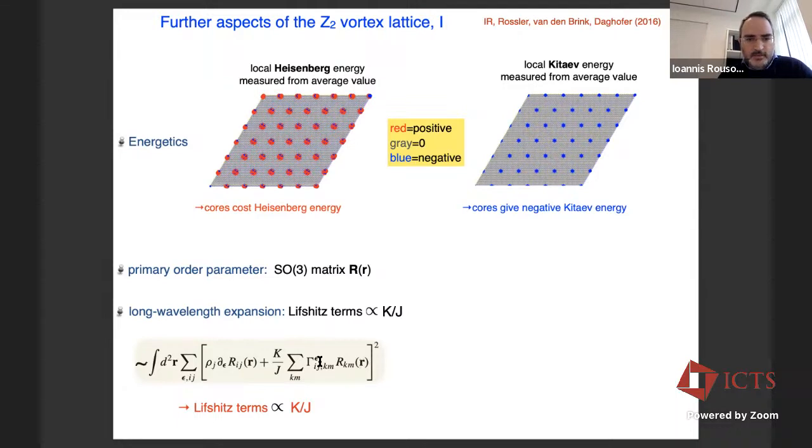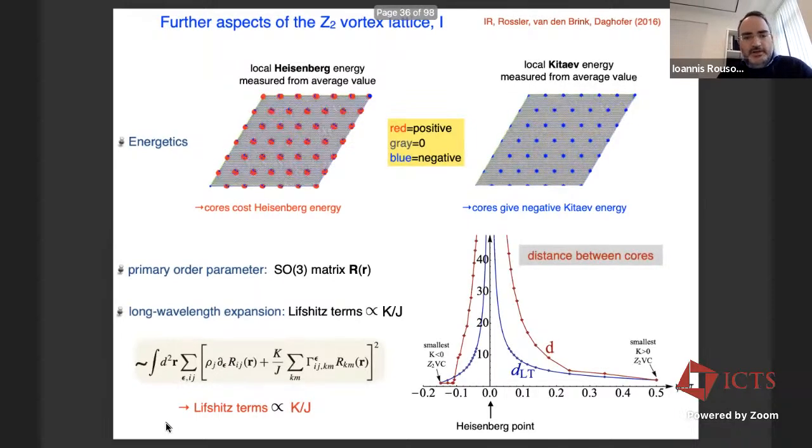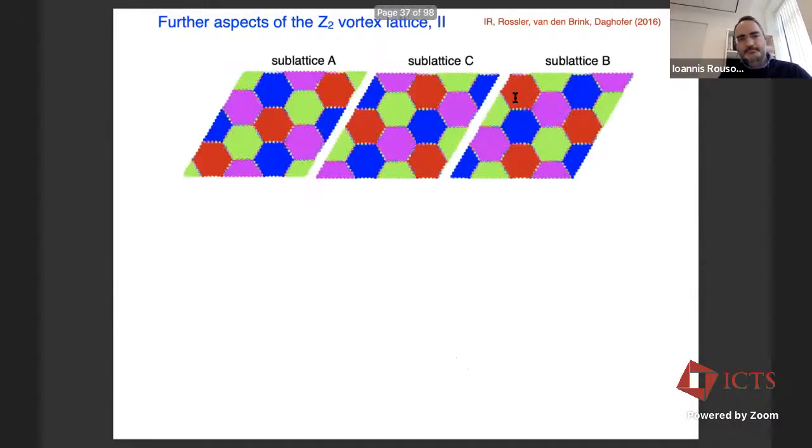If you expand this square, you will get these mixed terms that have one spatial derivative. Okay, so you know that the Lifshitz terms are proportional to the ratio K over J, where J is the Heisenberg coupling, and that tells you that in the limit where you go to the Heisenberg point, the period, or the distance between these discommensurations, or in this case, the topological Z2 vortices, goes to infinity.